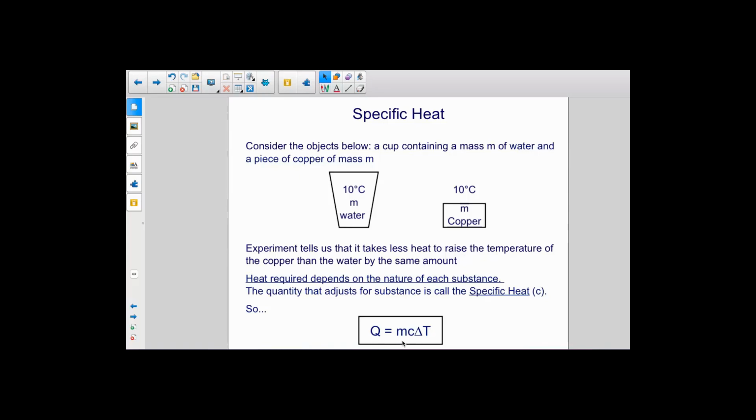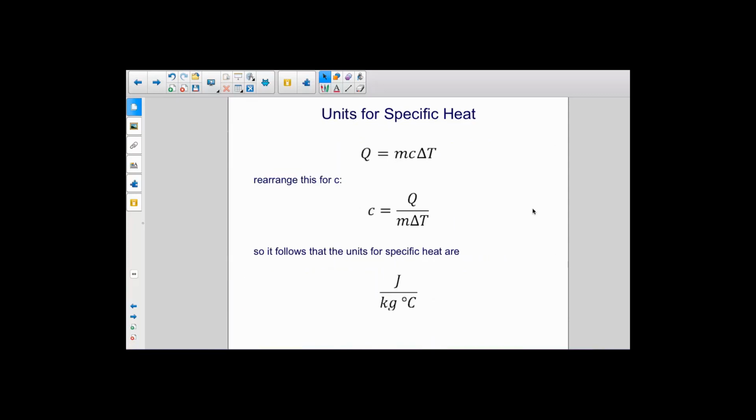Q equals mc delta T. Let's try to work out the units for specific heat. If we start with our equation, Q equals mc delta T, we can rearrange it for C, and we have Q over m delta T. Well, if we substitute the units for each of these variables, we get joules divided by kilograms times degrees Celsius. Joules per kilogram degrees Celsius. That's the unit for specific heat.